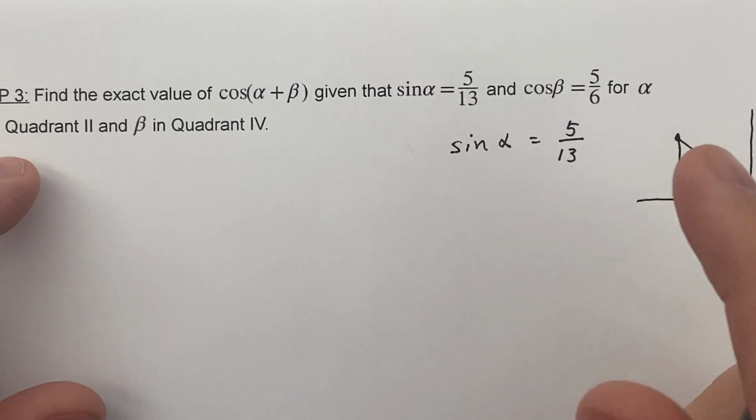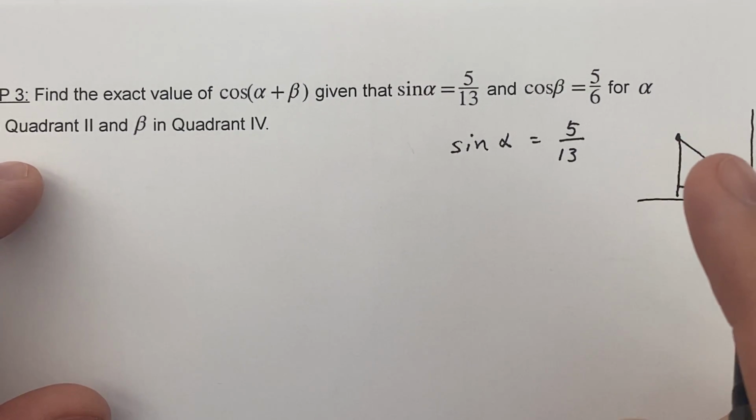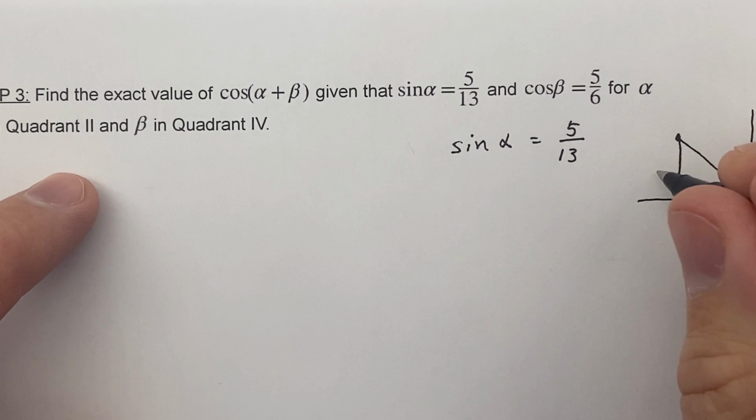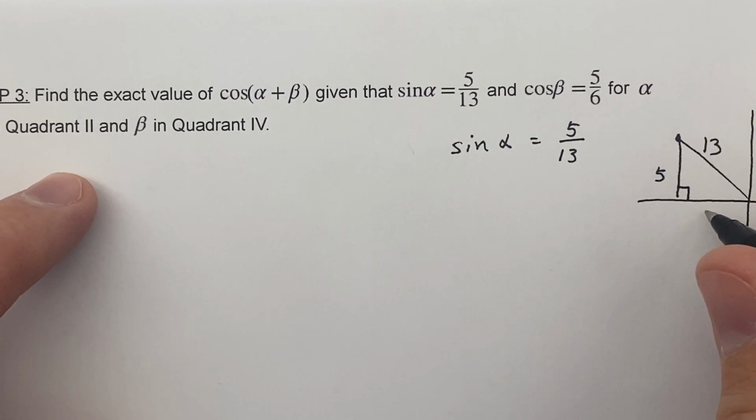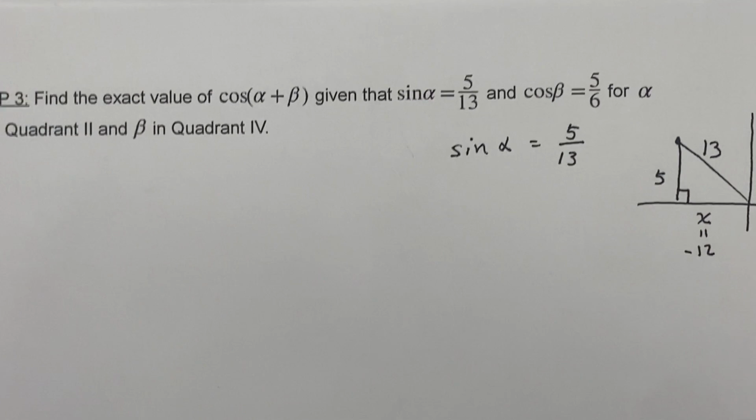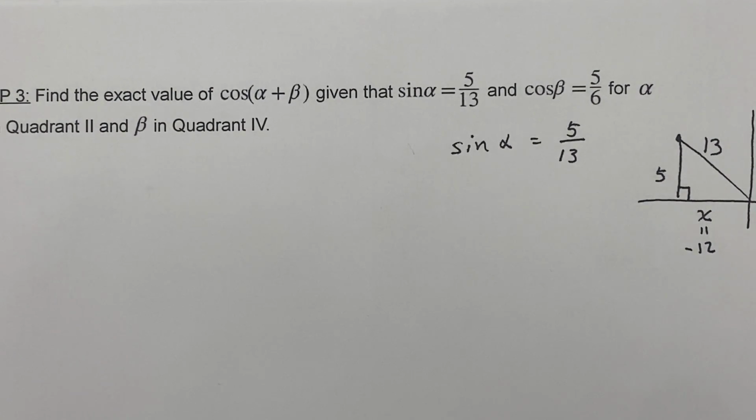Yeah, and in terms of our sides, y over r. X is what we need to find. Pythagorean triple tells us it's 12. Excuse me. 12 to the left means that it's negative 12.